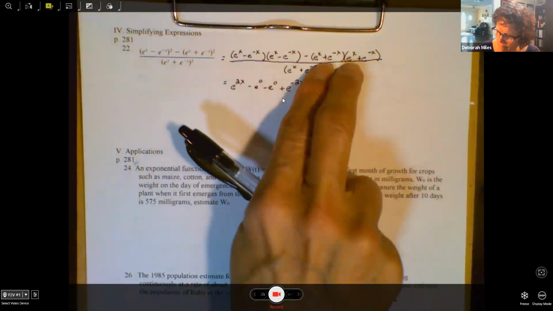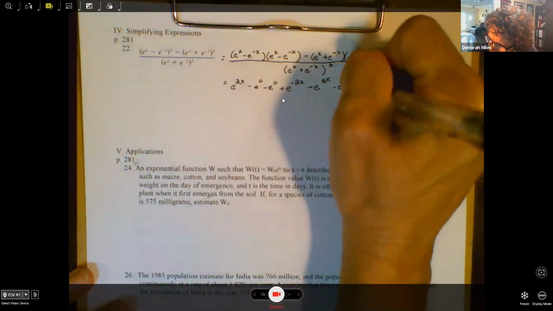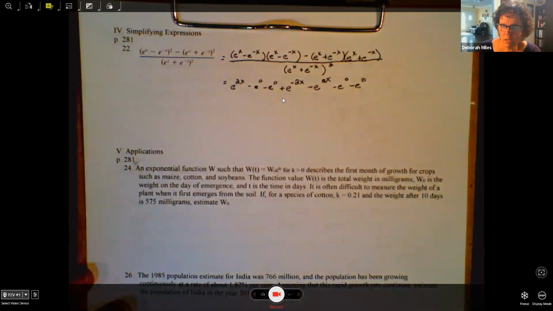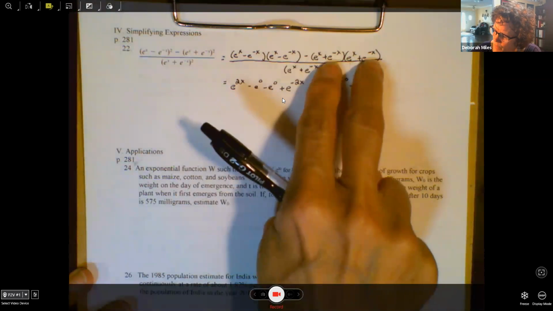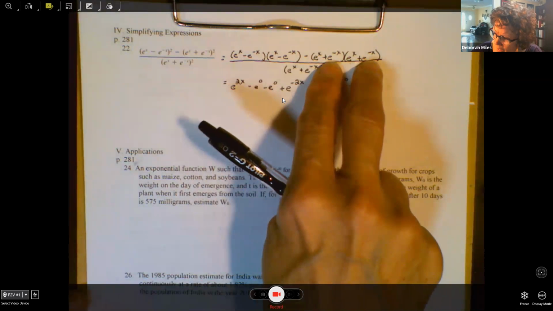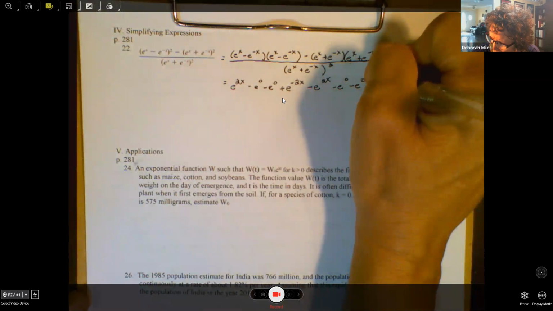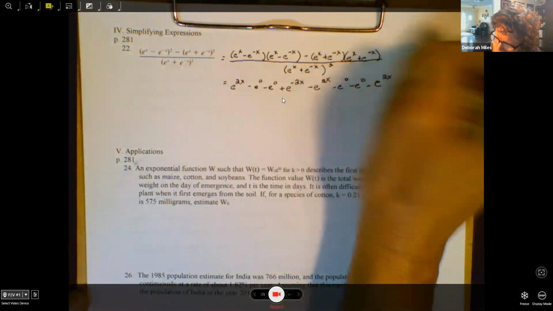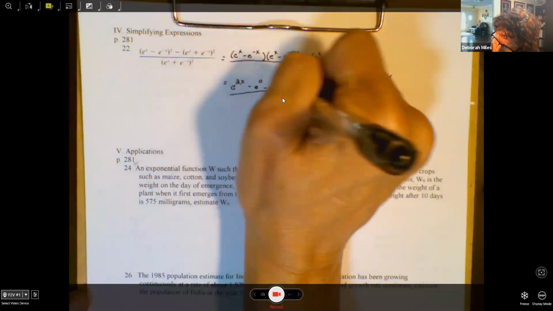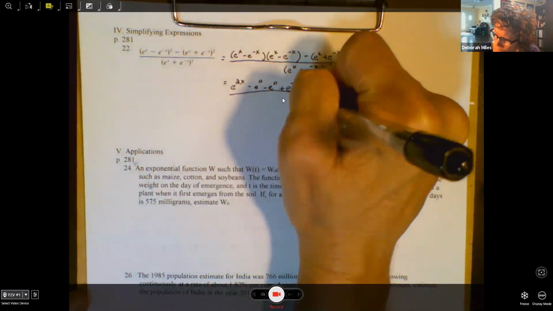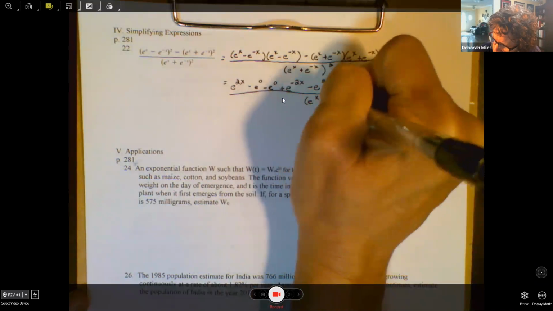Inner, I would have the same thing, -e to the 0. And last, I would have e to the -2x times -1 is -e to the -2x. And all of that is still over the same denominator.